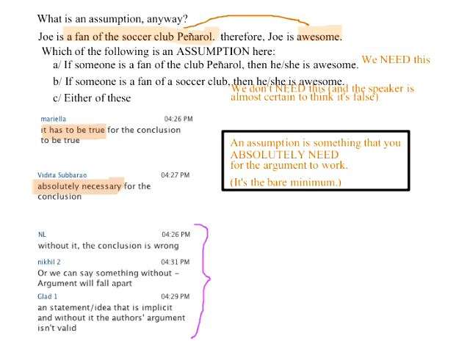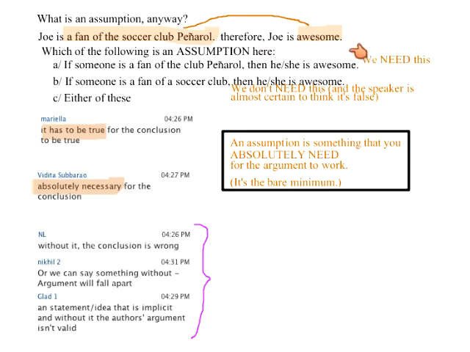For this argument to work, because that's what we're basing the whole argument on, the question is how do you know there's a need. You don't need to assume that there is an importance attached to being a fan of a soccer team. It's not that kind of need. It's not like it is going to make the world go around. Maybe that's what you thought I meant. But when we say we need the statement, we're saying this reasoning does not work without the statement.